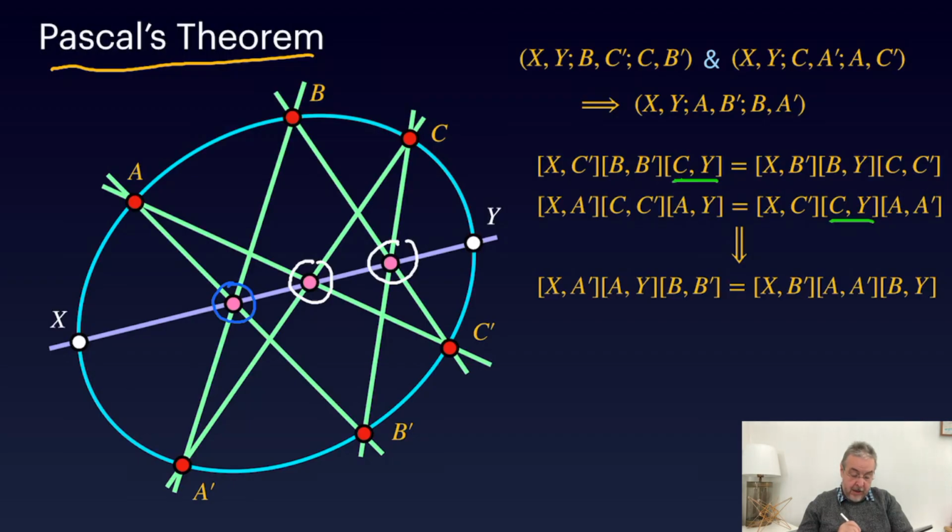And the term, let's see what occurs on both sides as well. The term c prime occurs here, and last but not least, the term xc prime occurs here.